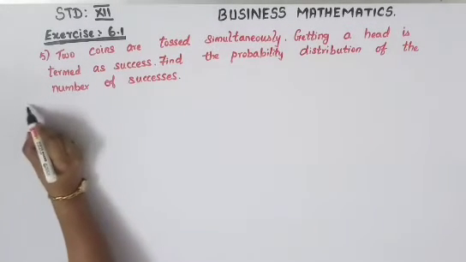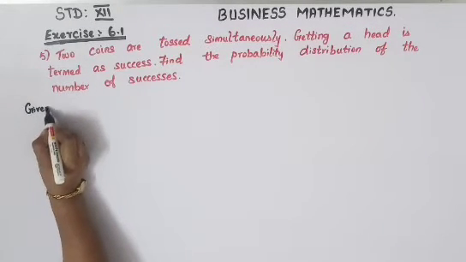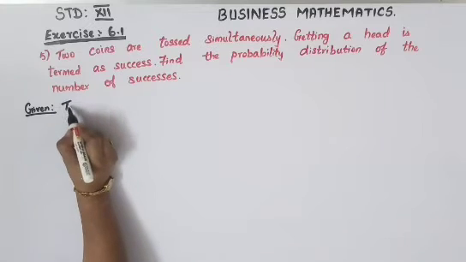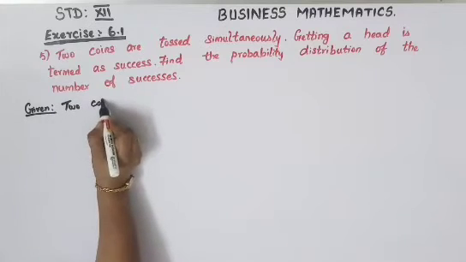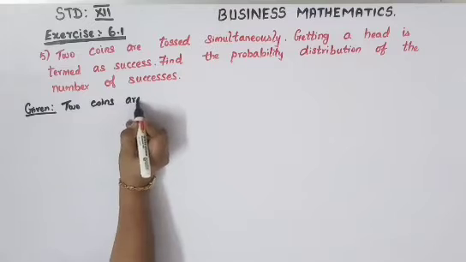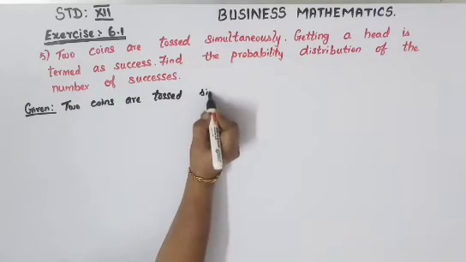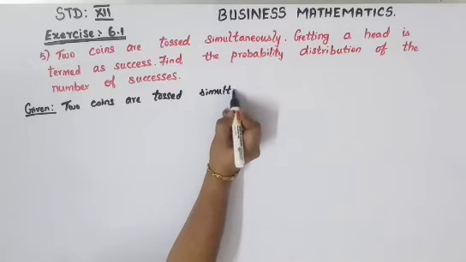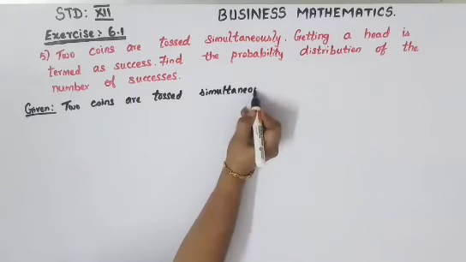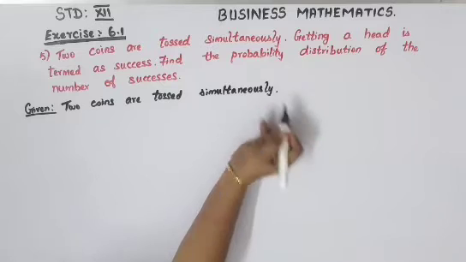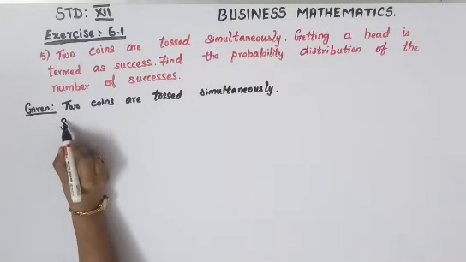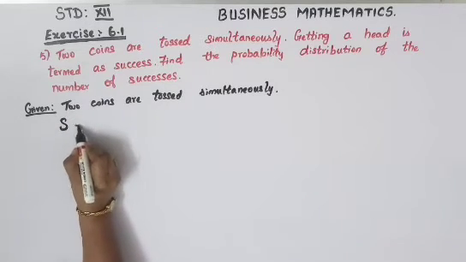So first write given: two coins are tossed simultaneously. Your sample space, you used to write your sample space in your 10th standard, isn't it?